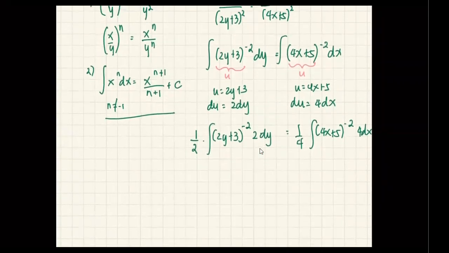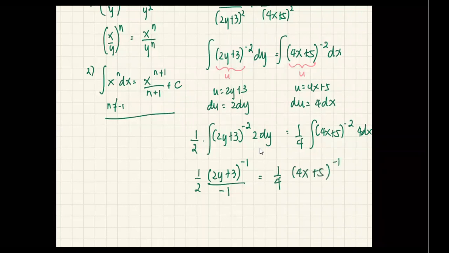So, this will be 1/2 then 2y plus 3 to the -2 plus 1 is -1 all over -1 is equals to 1/4 times 4x plus 5 to the -1 over -1 plus c.